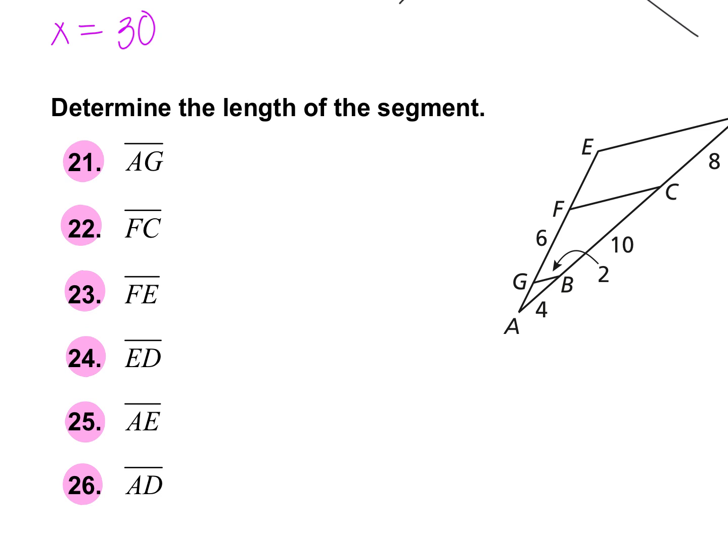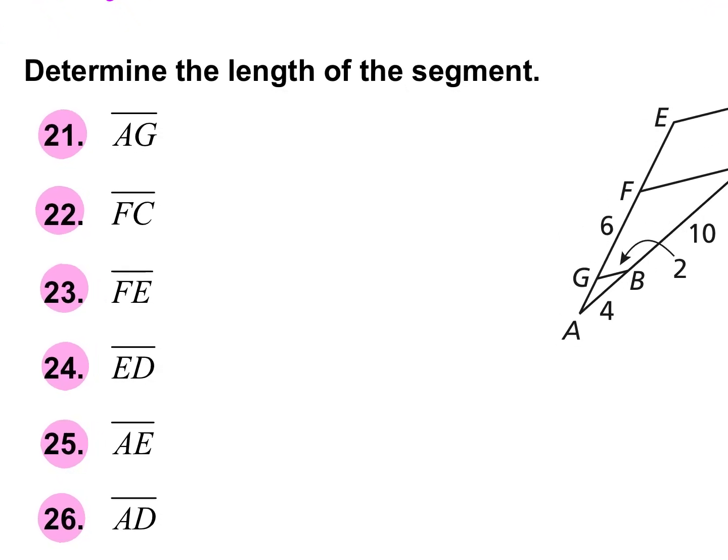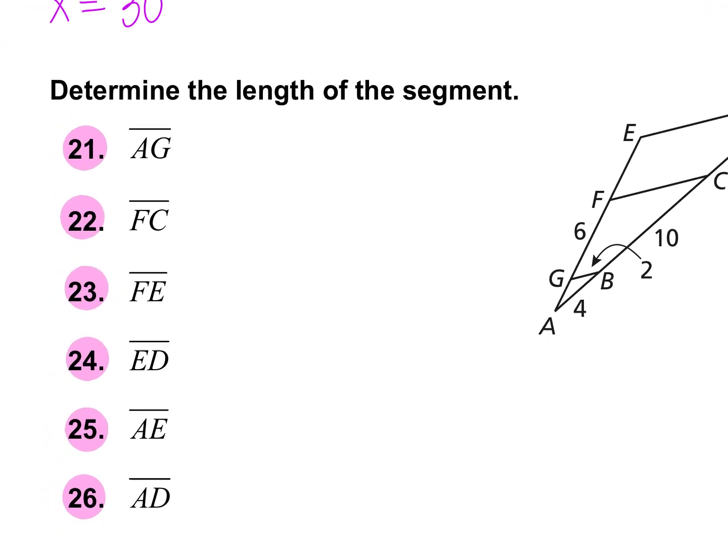We covered this for 8-4. You will see these on the test that have 3 parallel lines. So please, please, please pay attention to this. 21 and 22, they're solved very similarly, but you need to understand the difference between how I'm solving them. So looking at 21, it's asking me for AG.